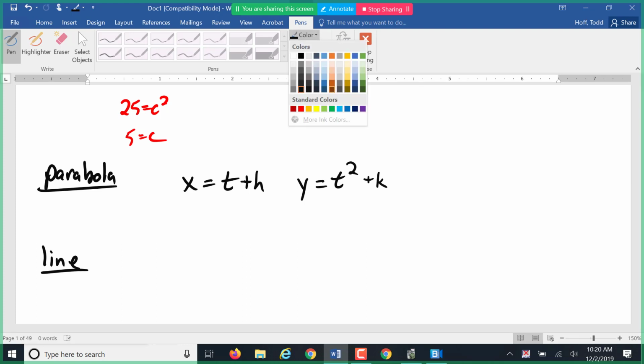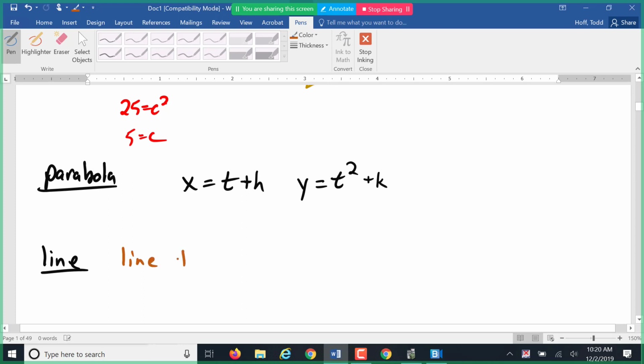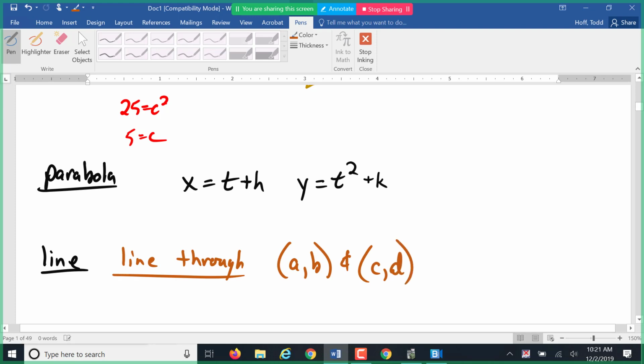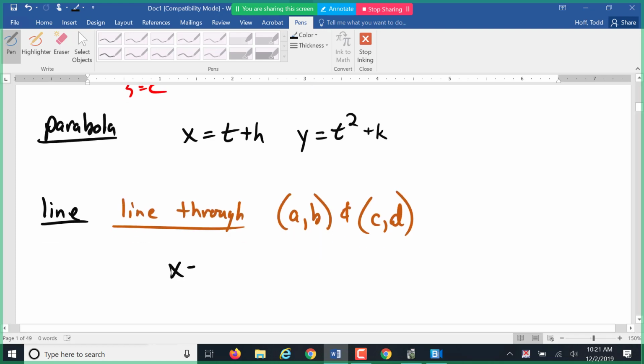If the line goes through the points a, b and c, d, the parametric form of that equation, x is going to be equal to a plus t times c minus a, and y equals b plus t times d minus b.